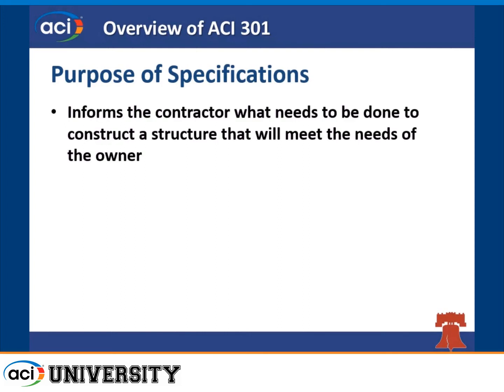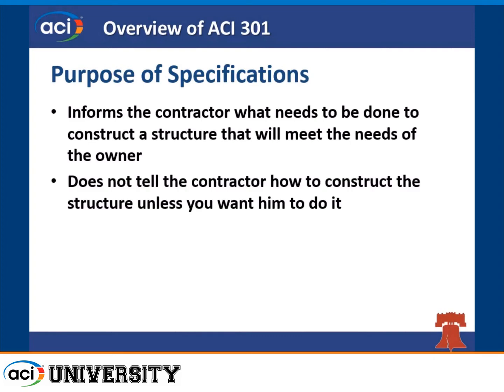The other thing with the purpose of a spec is that it informs the contractor what needs to be done to meet the needs of the owner. And this is a huge takeaway because we've been working on it for many years. Several years ago, perhaps there were more specifications out there with methods and means listed very specifically, and a lot of prescription type of oriented, but we're trying to move away from that. Unless it's a specialty area, tilt-up might be a good example.